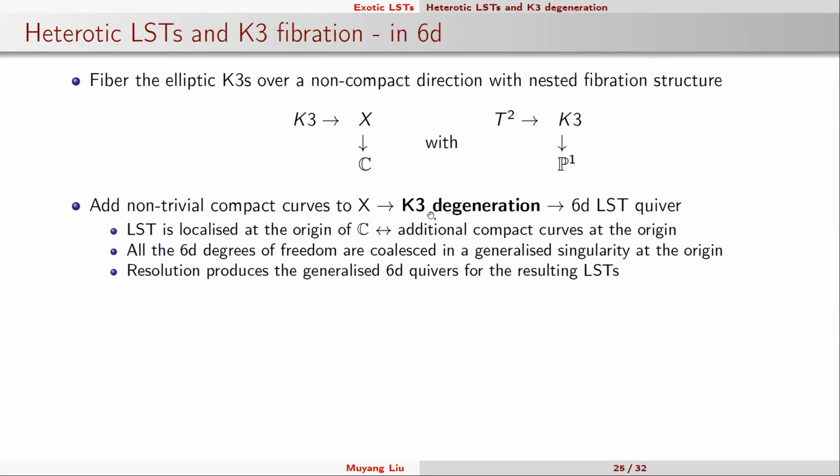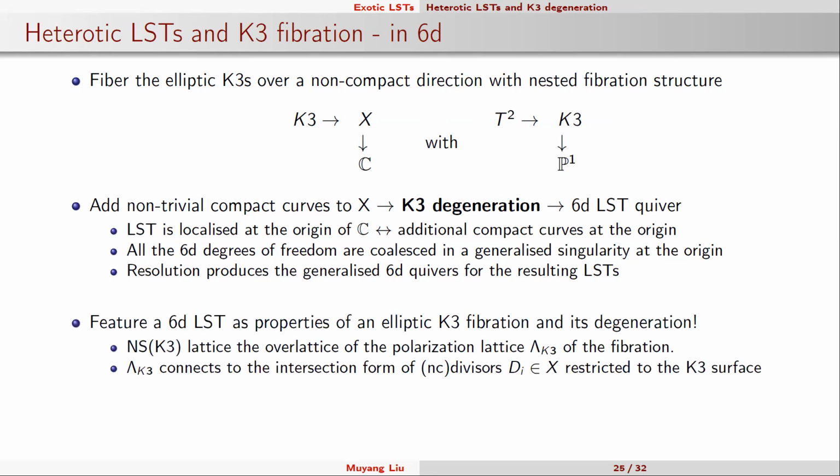That will render the K3 degenerate at the point where you introduce the non-trivial compact curves, such that the Lagrangian theory is localized at the origin of the C. And after resolution, it will give you the generalized 6D quivers of the resulting Lagrangian series.